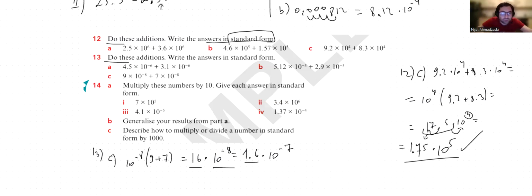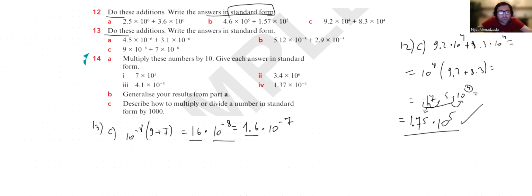Now, for fun, let's do question 14. Multiply these numbers by 10. Give each answer in standard form. Let's say the first one, not the first one, it doesn't look challenging enough. We'll do the fourth one. So part A, 4. We have to multiply the number by 10 and give the answer in standard form. 1.37 times 10 to the power of negative 4.